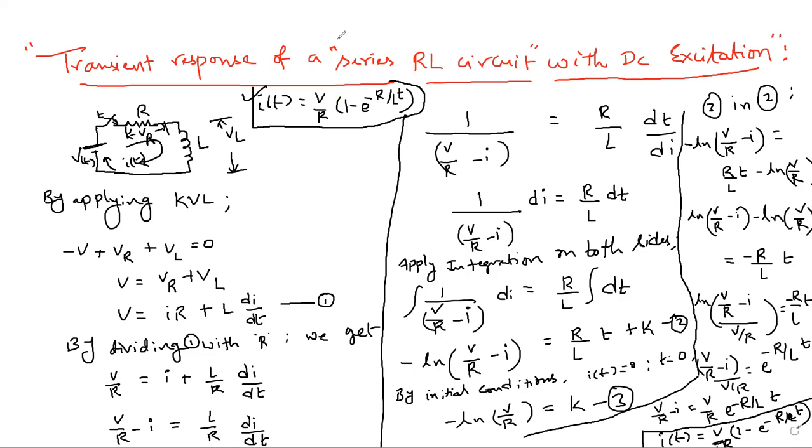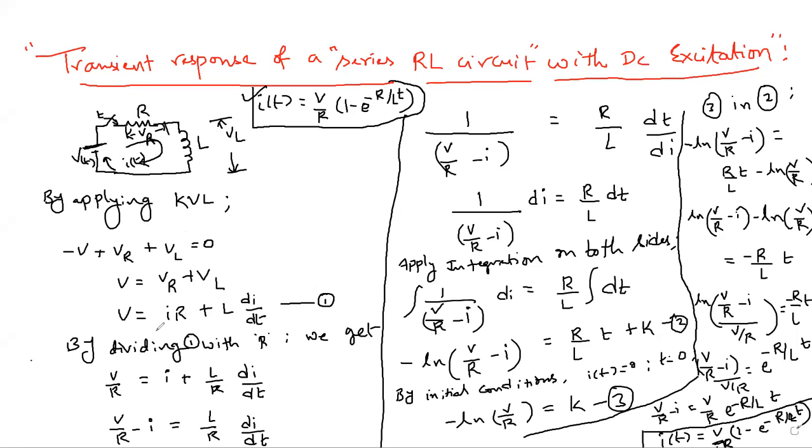Understand the derivation? So up to this, you need to apply your electrical knowledge, that is your KVL for the given circuit. There is only one loop present, so that's why here I applied KVL as minus V, where the current is entering at the negative polarity, plus voltage drop VR plus voltage drop across inductor VL.